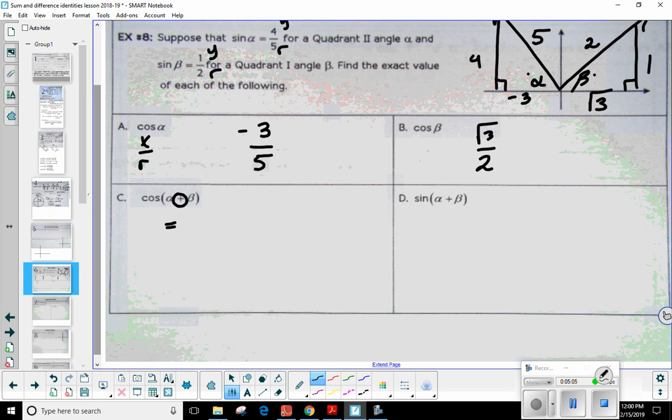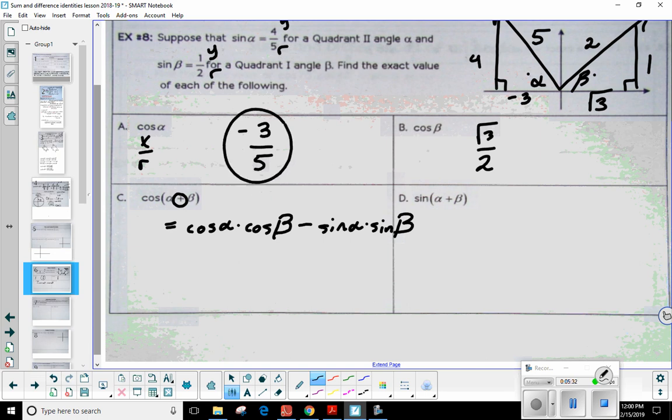So this is going to be a minus when I expand it. So we're going to look at cosine alpha, cosine beta, minus sine alpha, sine beta. Okay. So just like we were doing yesterday for each of these four, we just want to substitute the correct ratio. Like, for example, cosine of alpha. See, that's why we found these prior. What was cosine of alpha?